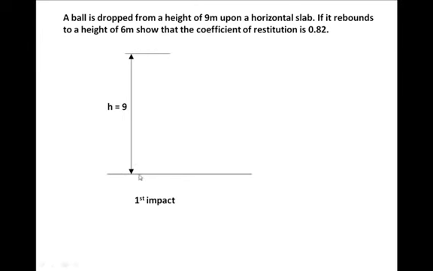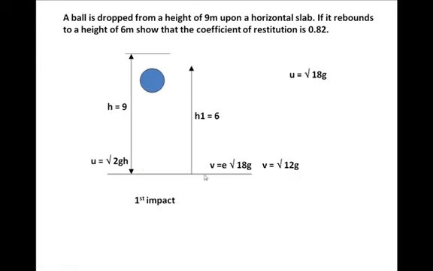So when it reaches here in its first impact, we know that it achieves velocity of root 2gh. h is 9, so root 18g. Now with what velocity will it bounce back? Obviously e into u, and that is e into root 18g. So it starts moving up, but it reaches a height of 6 only.